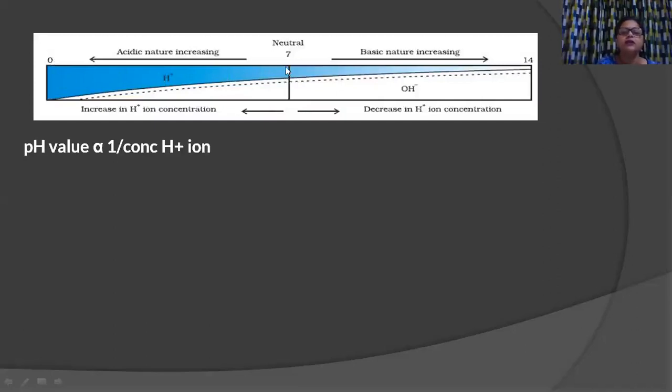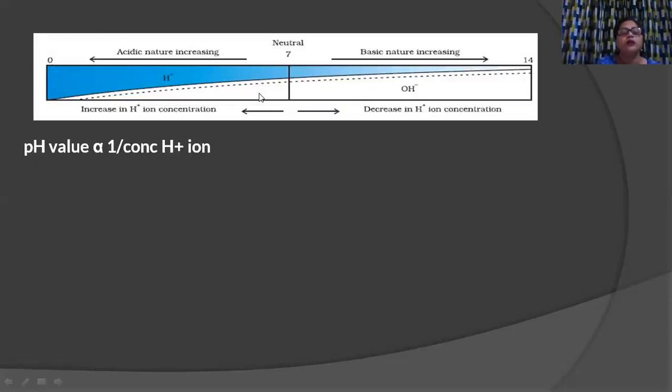Here the concentration of hydrogen ion is very less, whereas when we move towards 0, the concentration of hydrogen ion has increased. Which means when the concentration of hydrogen ion will be maximum, the pH value will be 0.